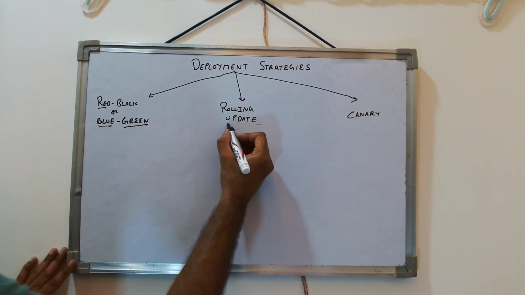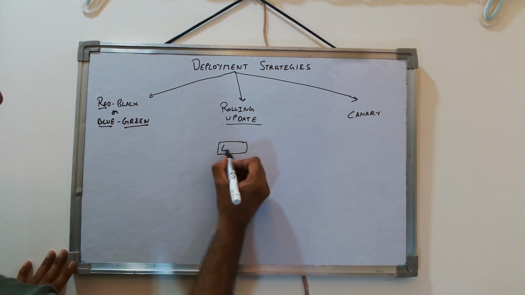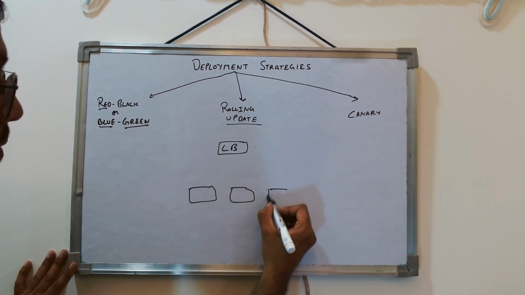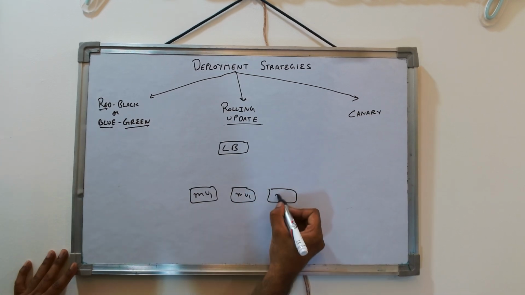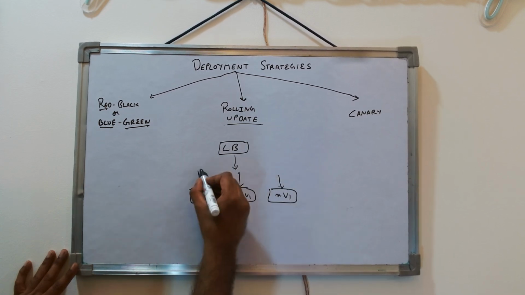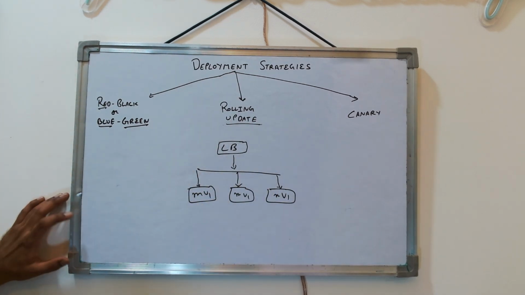Now let's see rolling update. In the rolling update, you have a similar setup: load balancer, manifest version 1, manifest version 1, manifest version 1, and the traffic is equally distributed between all these 3 by your load balancer.